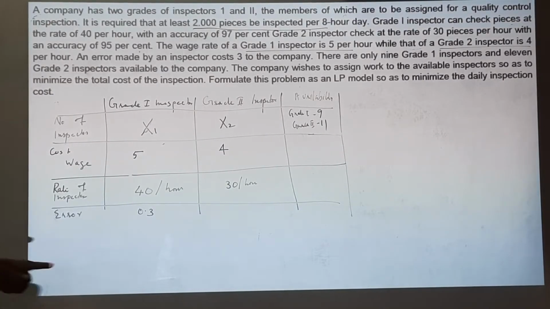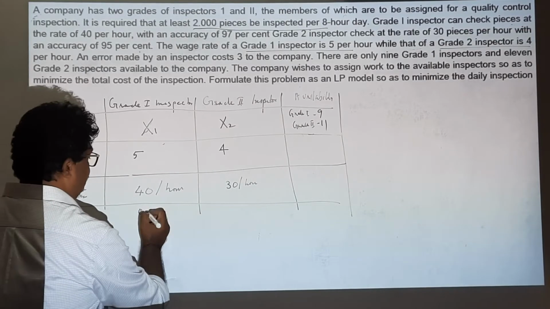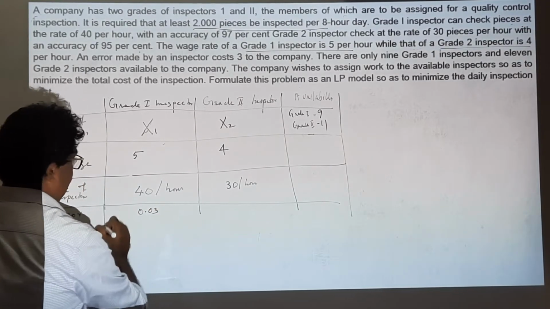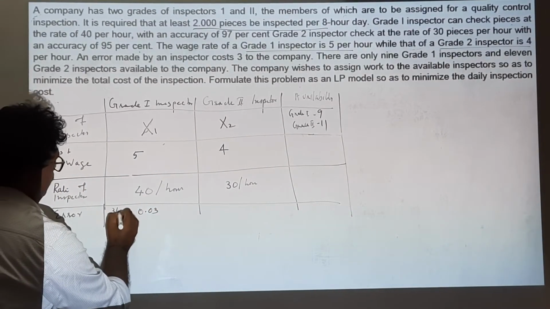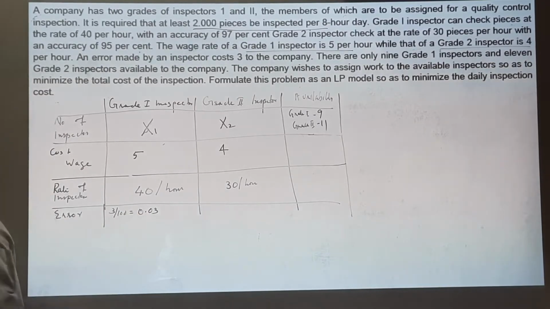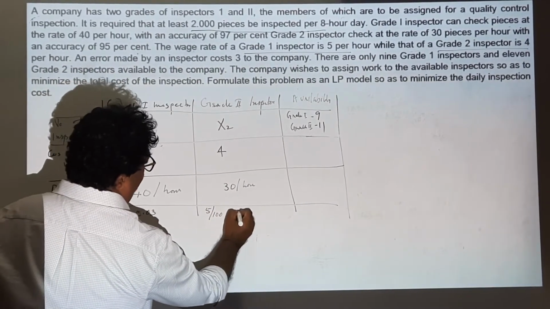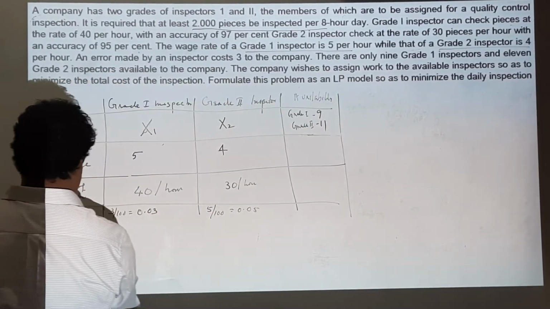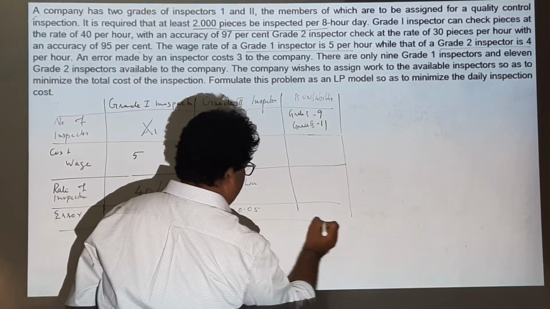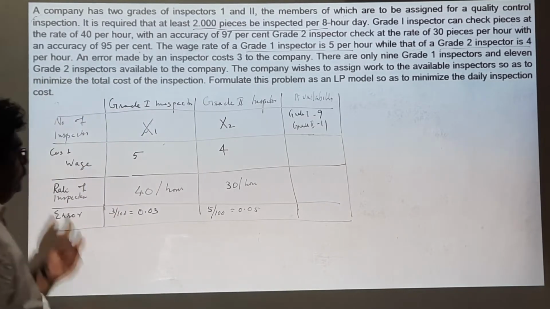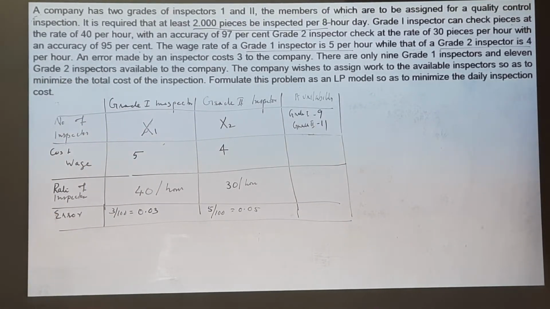So 3 by 100 is 0.03. And 5 by 100 is equal to 0.05. This is the error rate. You understood this?